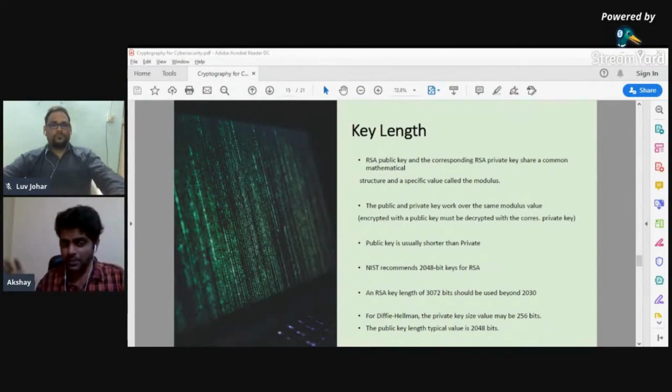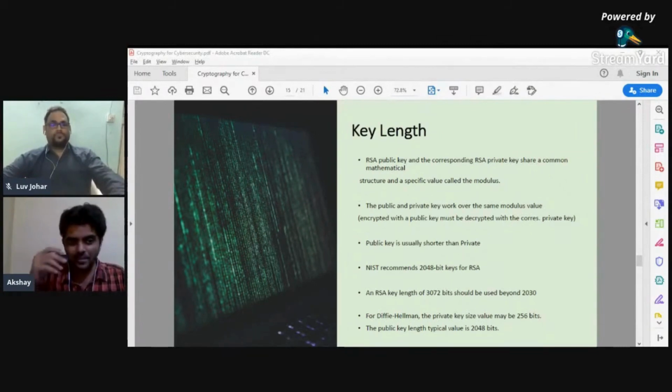If it is going to last beyond 2030, you should use larger keys, because NIST believes that by 2030, 2048-bit keys will be decryptable and crackable by malicious people.